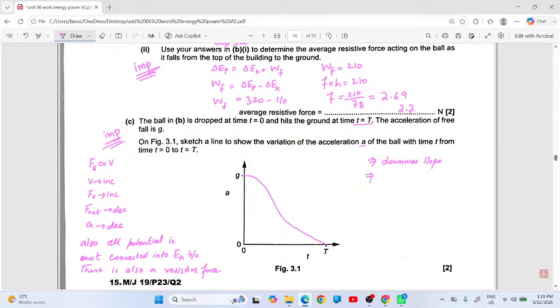Line is curved with a gradient that becomes less negative, and the line meets t-axis at time t less than capital T.